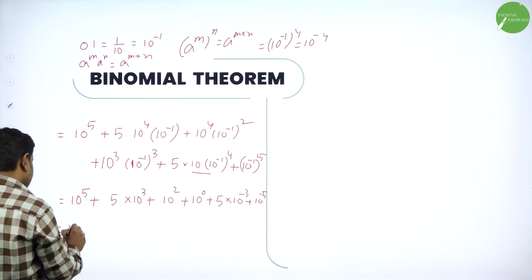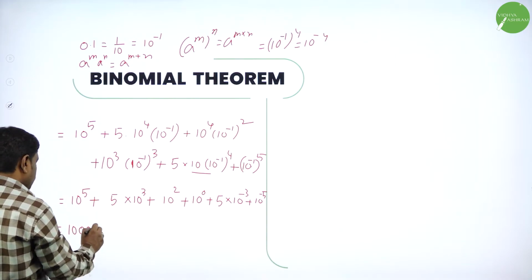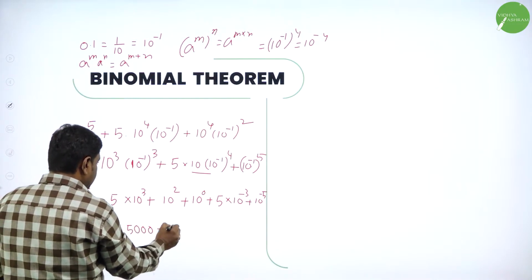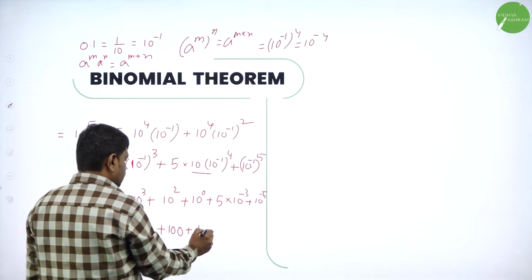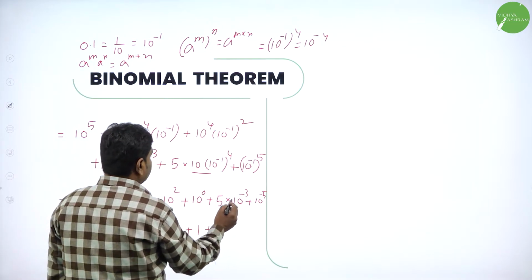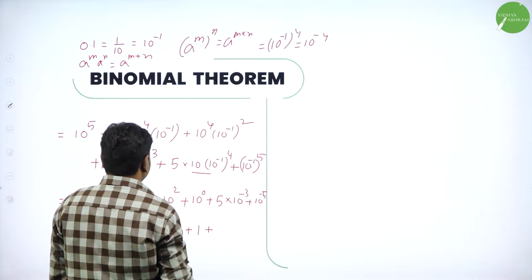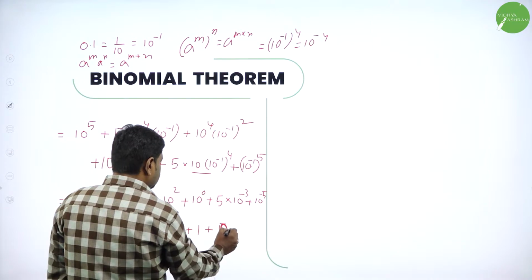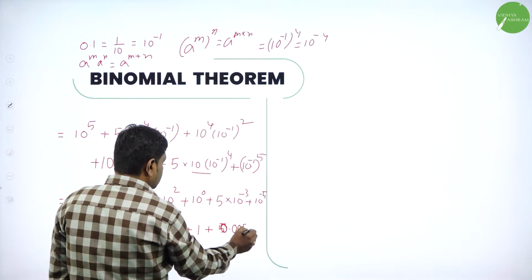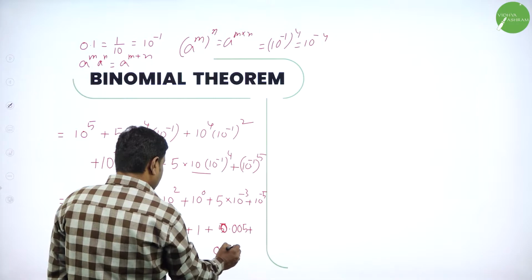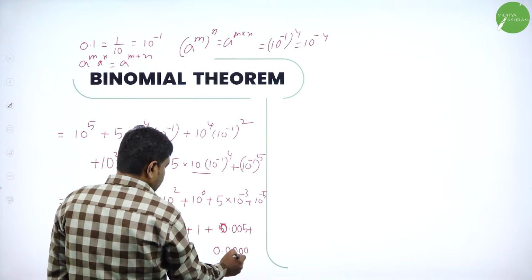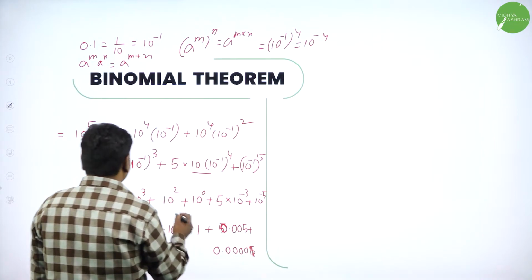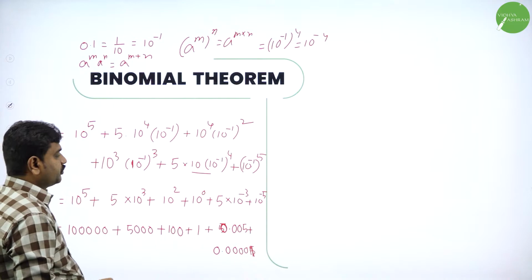Simplify this: 1 followed by 5 zeros, plus 5000, plus 100, plus anything power 0 is 1, plus 5 into 10 power minus 3, which can be written as 0.005, and 10 power minus 5 is 0.00001. So this is the expansion.